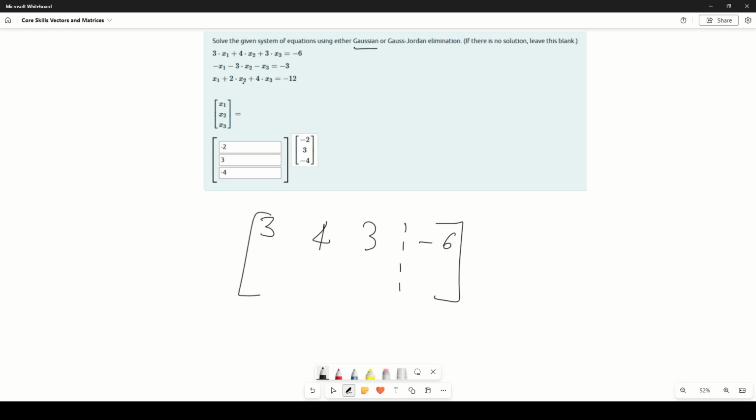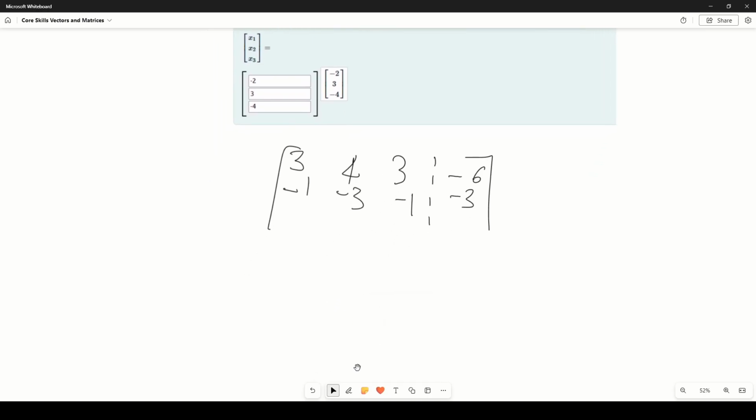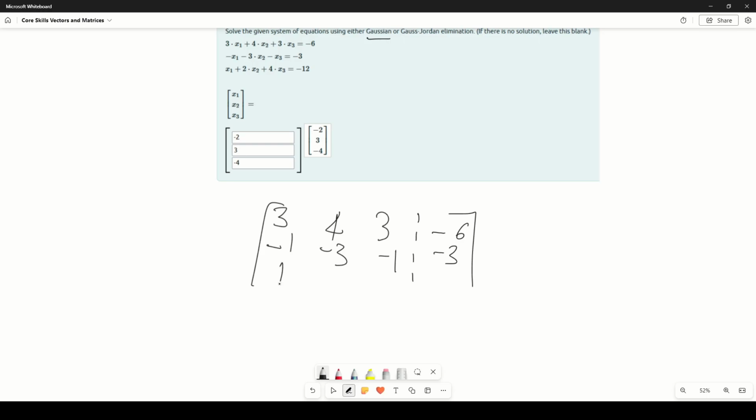And we're going to do the same with the coefficients of the next two equations. So this is minus 1, minus 3, and minus 1, which gives us minus 3. And yes, again, I've drawn this too short. Then we have 1, 2, and 4, which gives us minus 12.